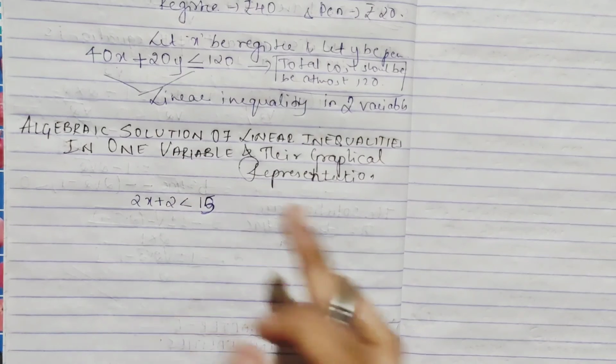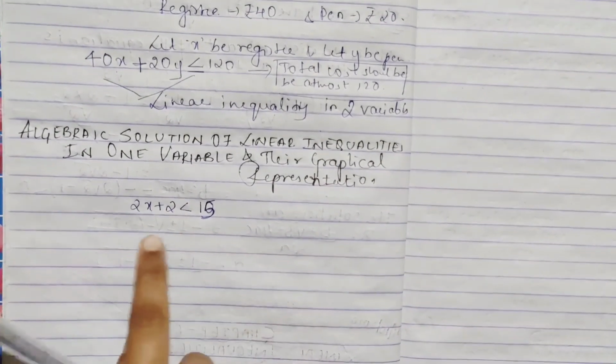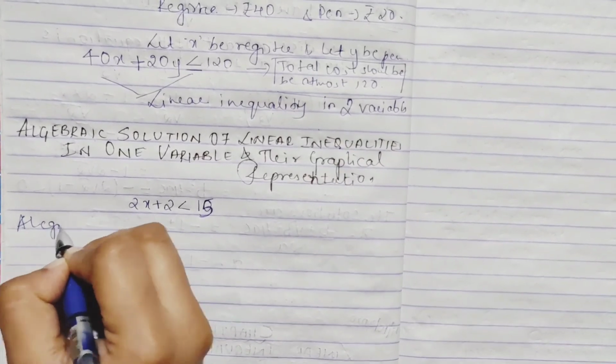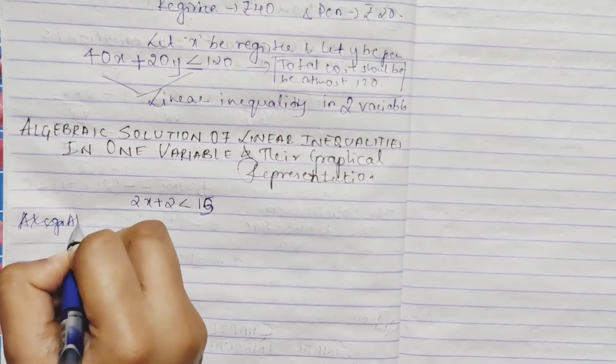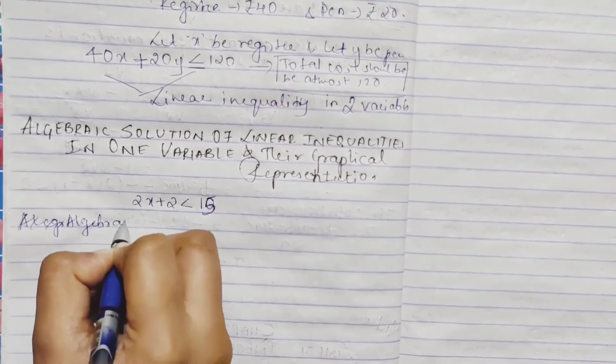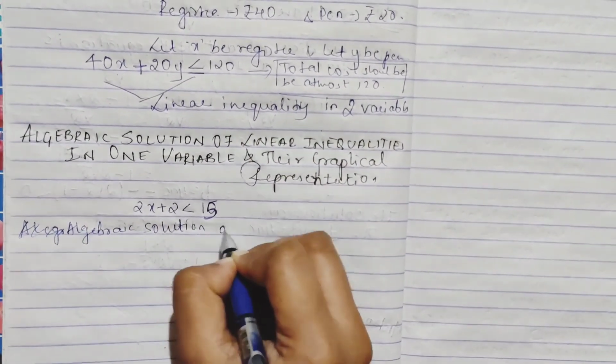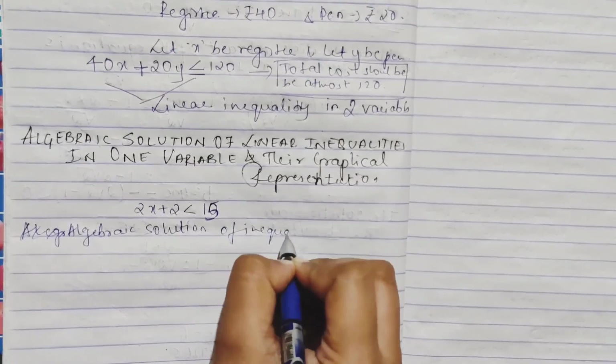Now suppose there is an inequality, 2x plus 2 less than 15. Sorry, I have written the spelling wrong. The algebraic solution of an inequality will be what?